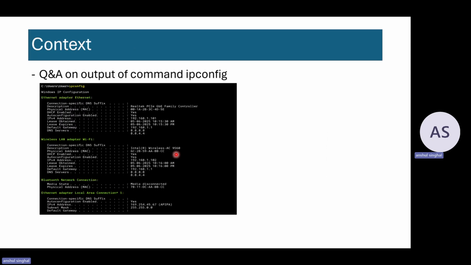So when we type the ipconfig /all command, in the output for the network interface card, whatever is the default gateway currently, that is what is serving or getting the data from the internet, right?